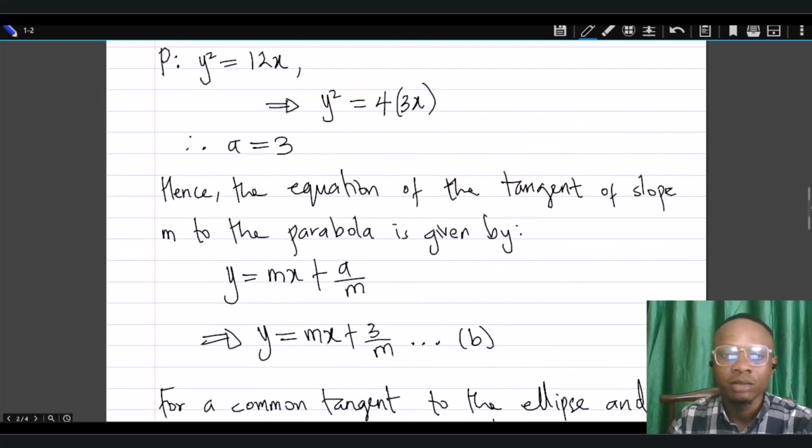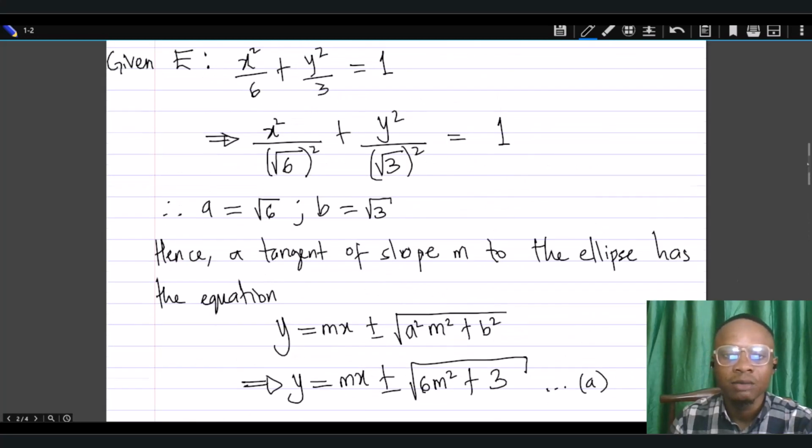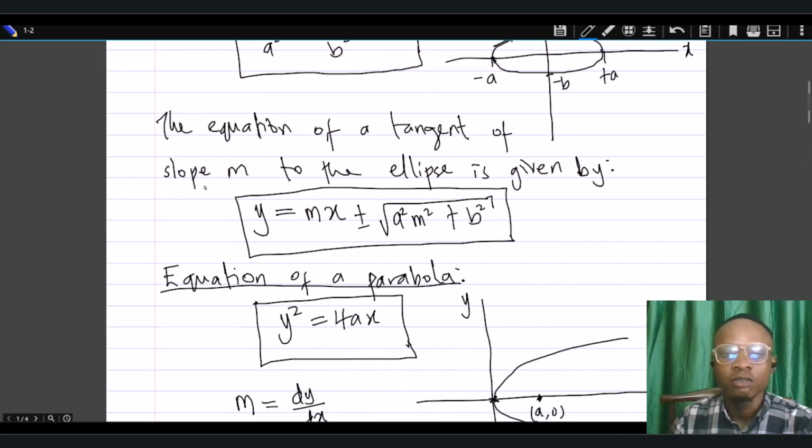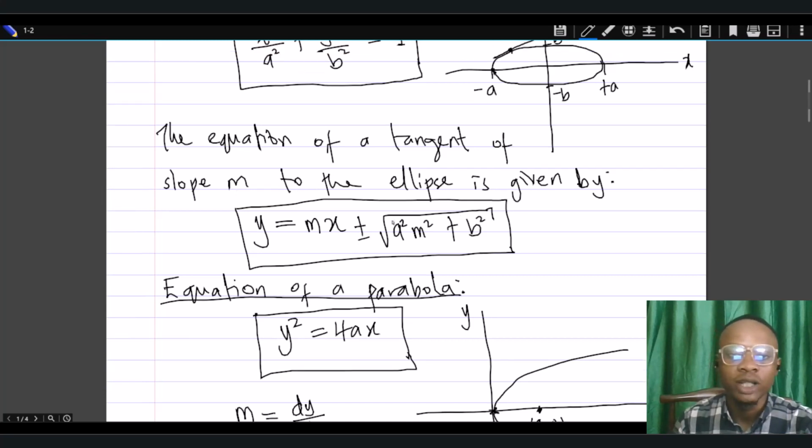So let's get back up here and write out how that works. The equation of a tangent of slope m to the ellipse is given by this, and the point where it intercepts the ellipse is given by this point, plus or minus. I'm going to write that out again, like the first one, without proof. If you are interested in how this works, you can let me know in the comment section so that we'll have a look at that in a separate video.